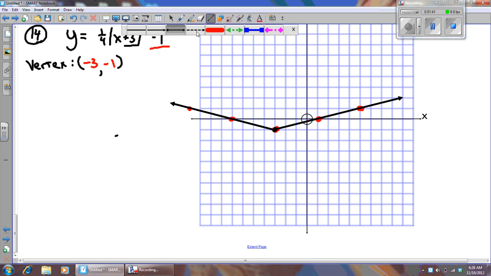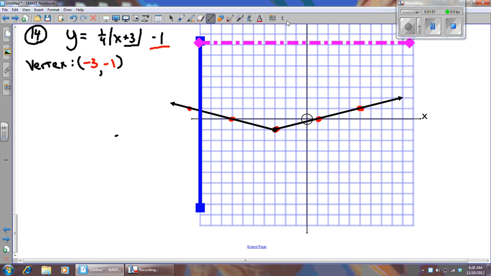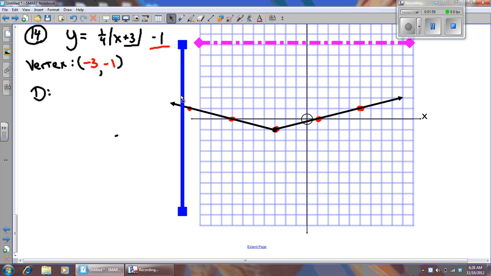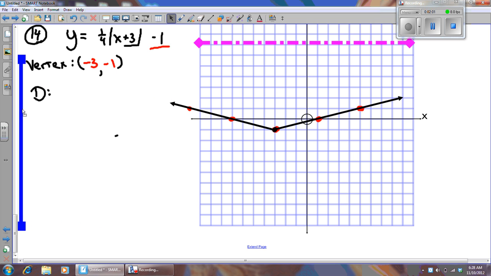To find my domain, I will check my x values, and to find my range, I will check my y values. So let's do the domain first. Anywhere I put this vertical line, x is over here at -20.